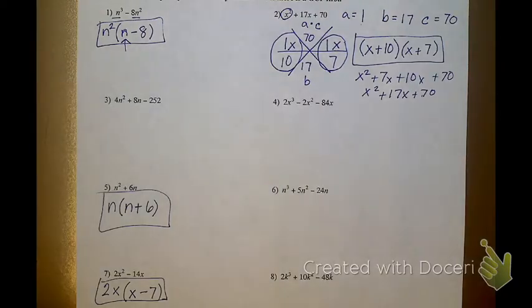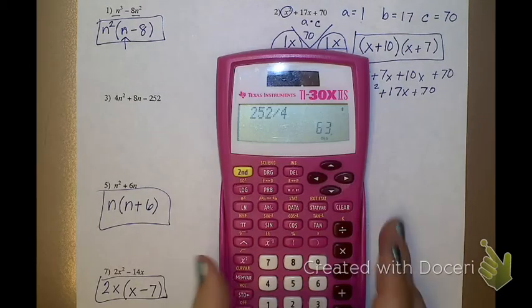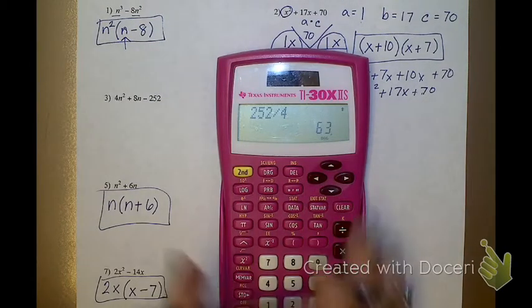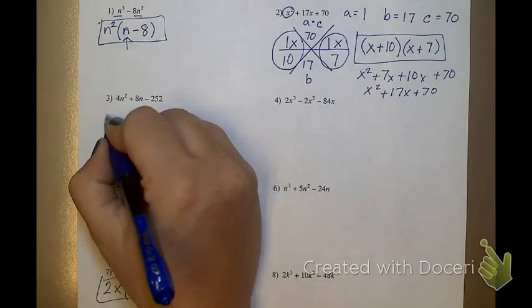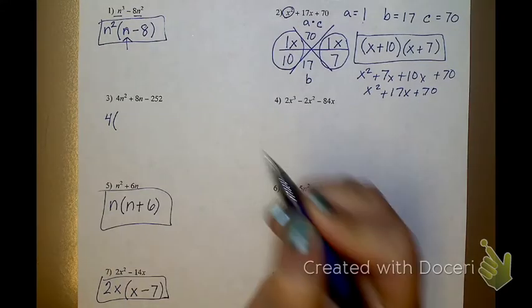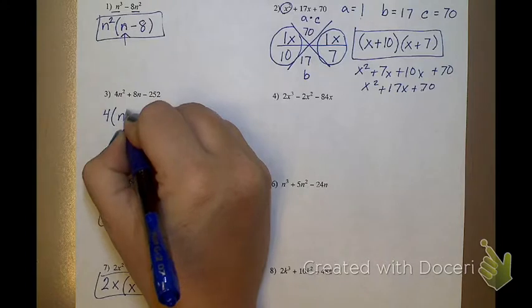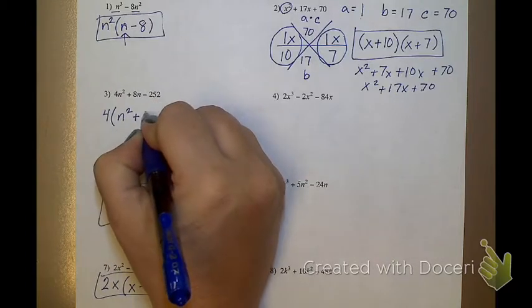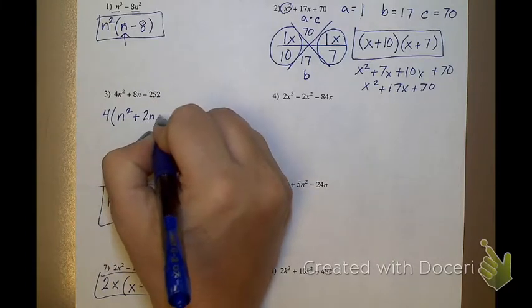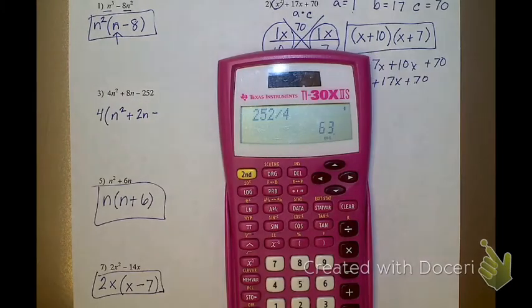Is 252 divisible by 4? Yes. Let's see. 252 divided by 4. It is. So I can take out a 4, can't I? Yeah, maybe. So if I take out 4, what's left inside? N squared plus 2n minus 63, right?